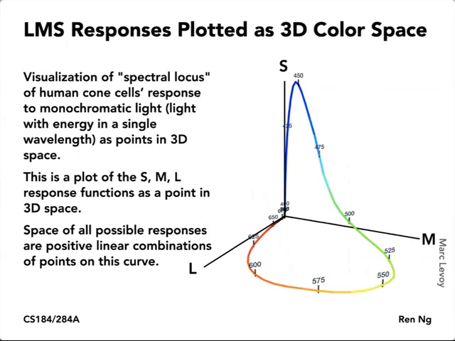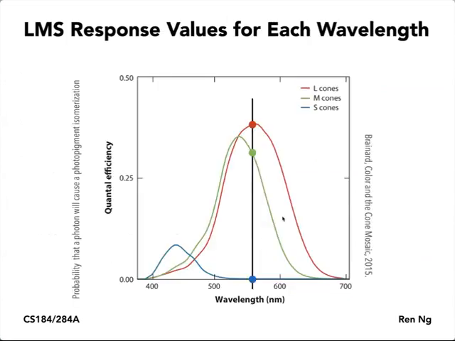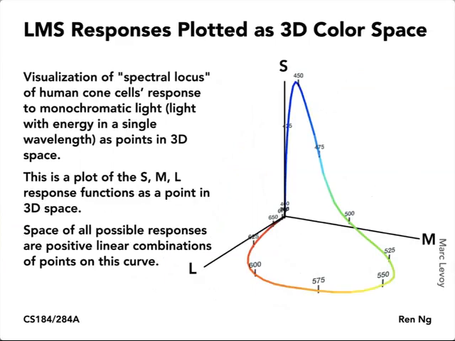We can start at 400 nanometers, that's over here, 450 nanometers over here, 500 is over here, and so on. It goes through 600 and then back to the origin. It starts at the origin because the ends of the range are ultraviolet and infrared, which are invisible to us, so all three curves go to zero there. Of course it starts at the origin and returns to the origin when we trace it out in this way. And the curve roams through space in this interesting kind of shape.